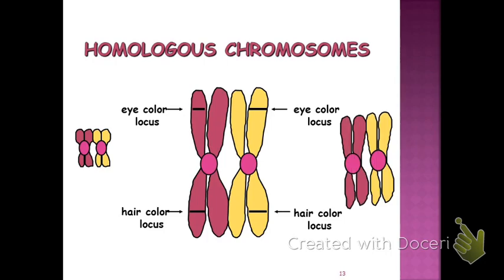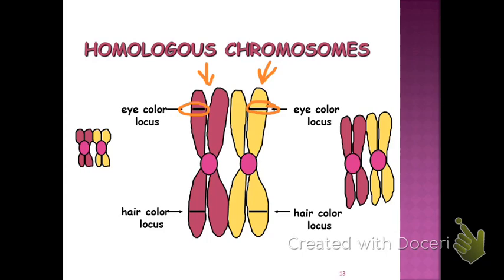Right? So here is an illustration of homologous chromosomes. So if you look closely here, we have one homologous chromosome, the maroon one. Let's just say this is the mother, and the yellow is from the father. On each of these homologous chromosomes, they each contain the gene for eye color, right?